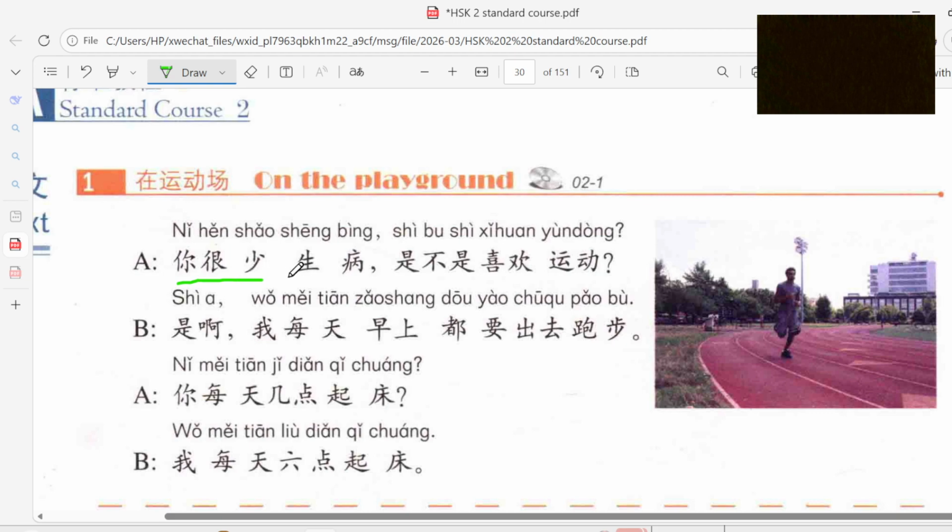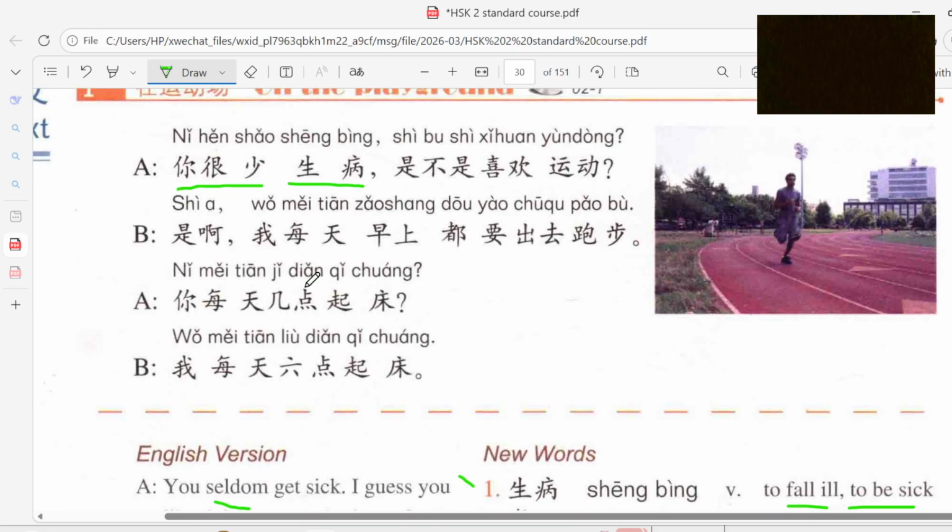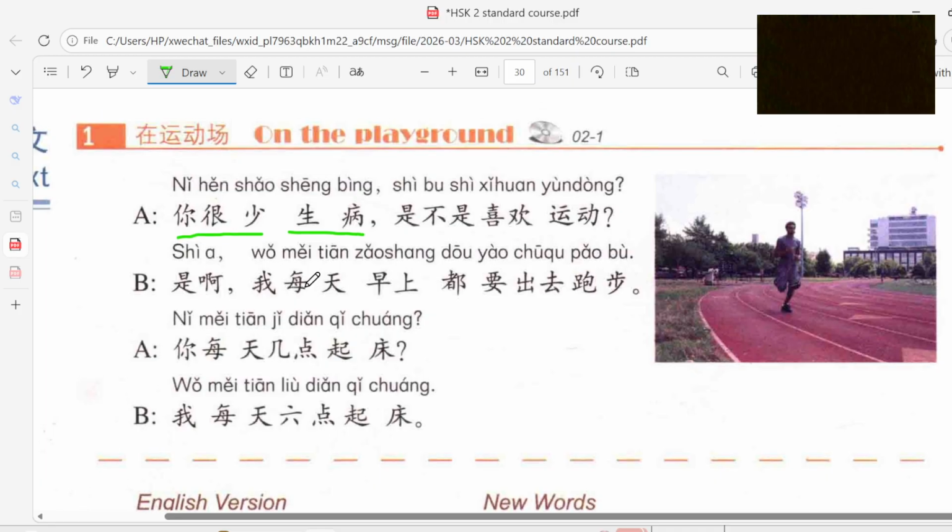You seldom 生病 means you seldom get sick. The person doesn't fall sick. Can take like years, like 3 years, without catching colds or having malaria, or seeing him or her unhealthy.